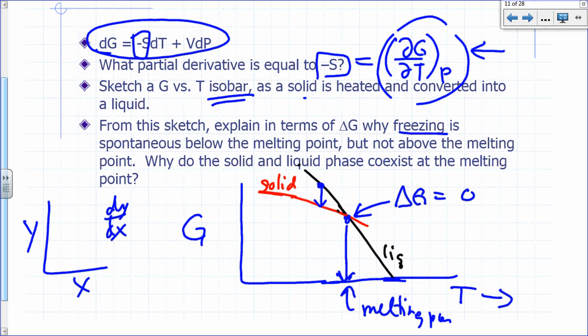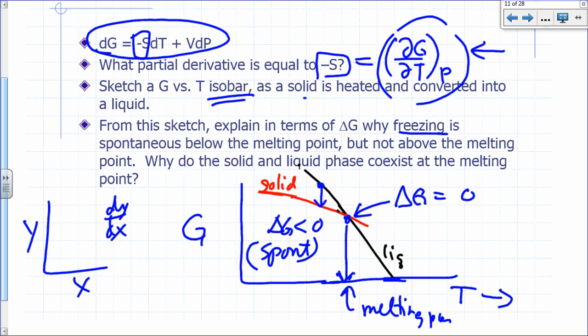What's delta G there? Positive or negative? Does G drop or increase? It drops, so delta G is negative. That's spontaneous, right? Freezing is spontaneous below the melting point.